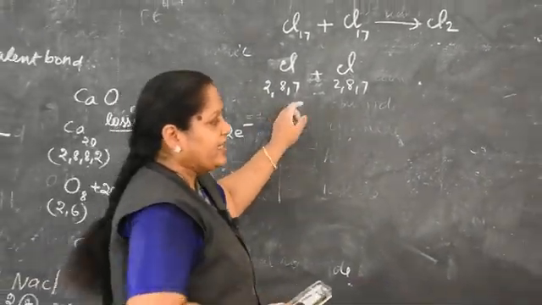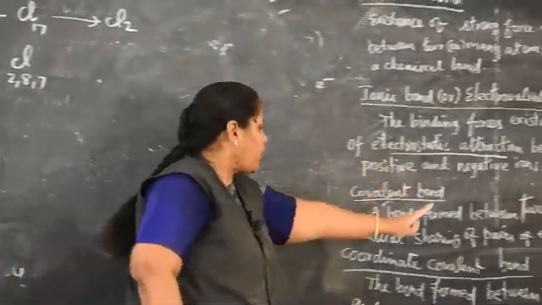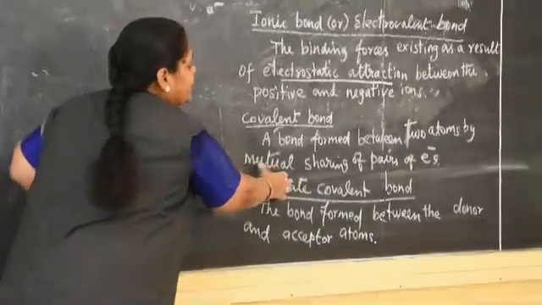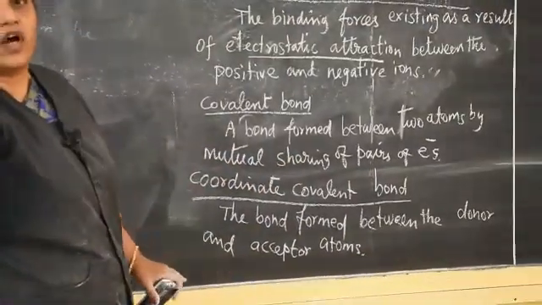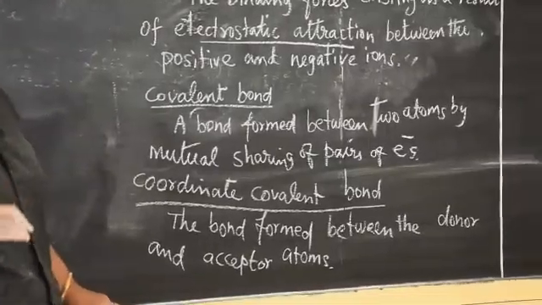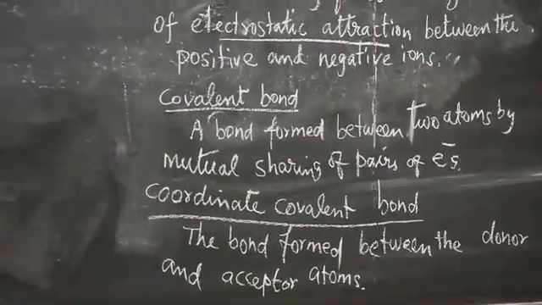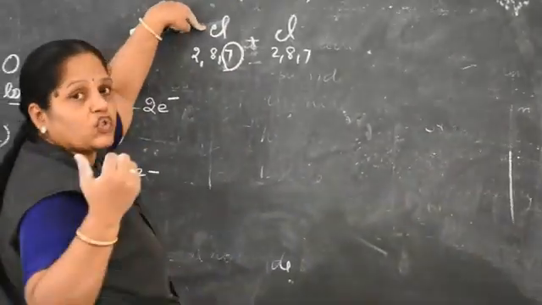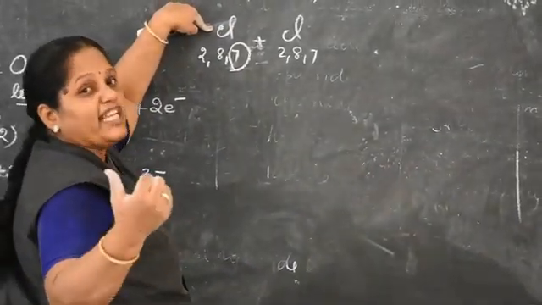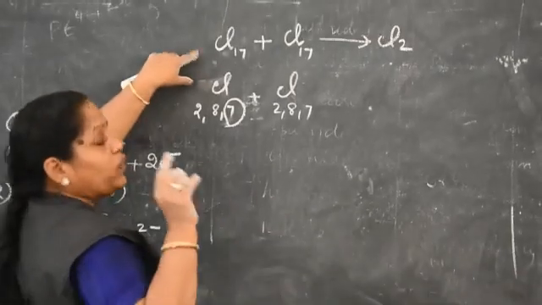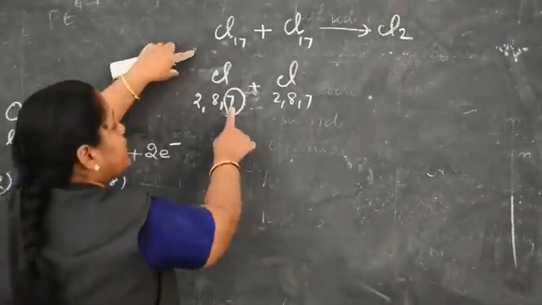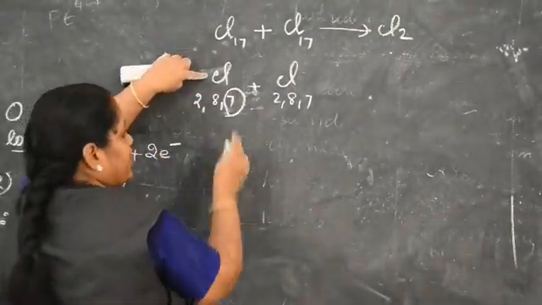Here, a bond is formed between 2 atoms by mutual sharing of pairs of electrons. How is it possible? Here, the valence electrons are represented by the Lewis dot structure. 7 valence electrons are there.